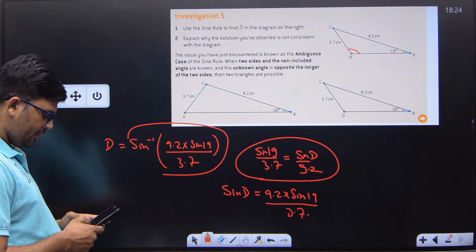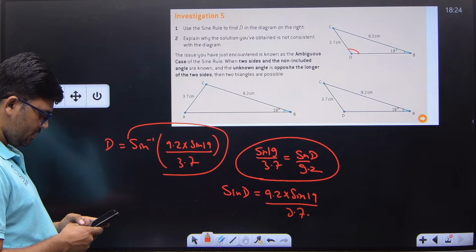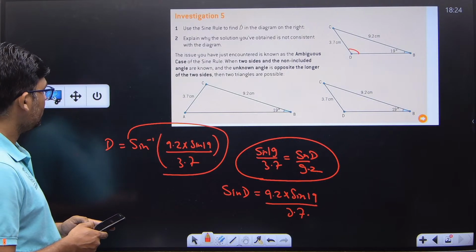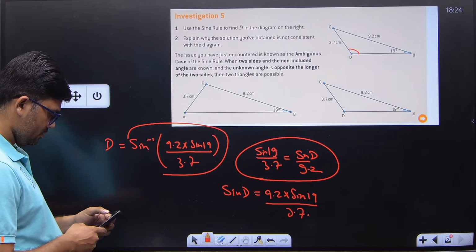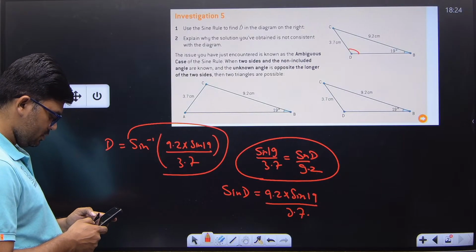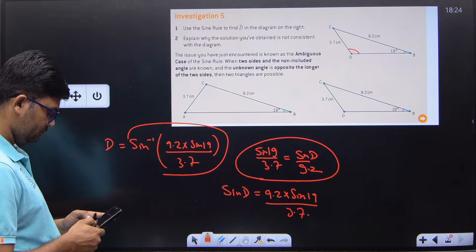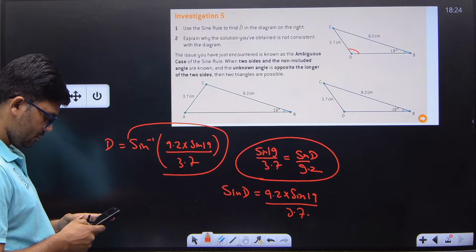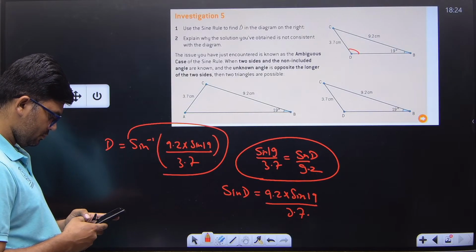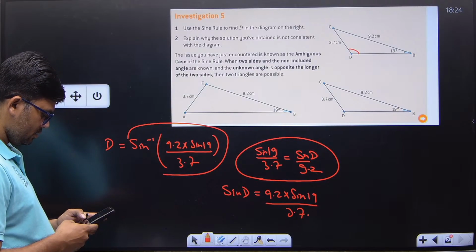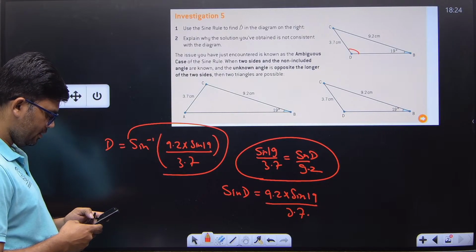So 9.2 divided by 3.7 multiplied by sine 19 is 0.8095.